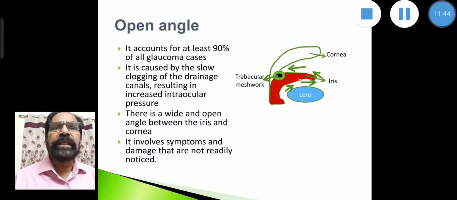It is caused by slow clogging of drainage canals, resulting in increased intraocular pressure. There is a wide open angle between iris and cornea, as you can see in the picture. It involves symptoms and damage that are not readily noticed.